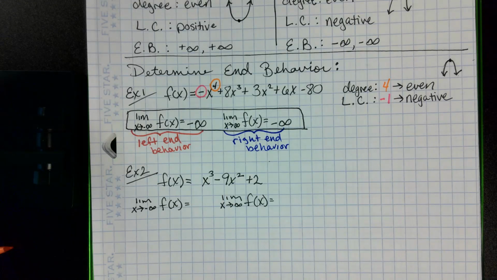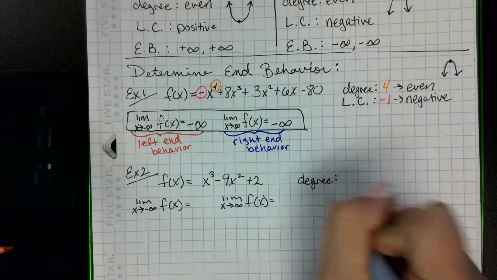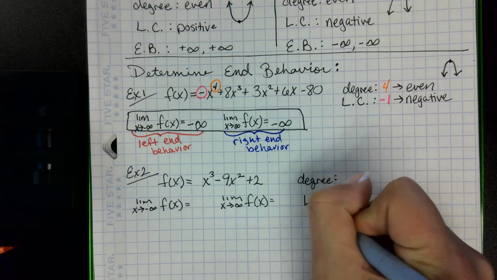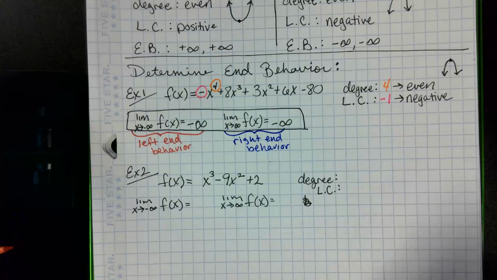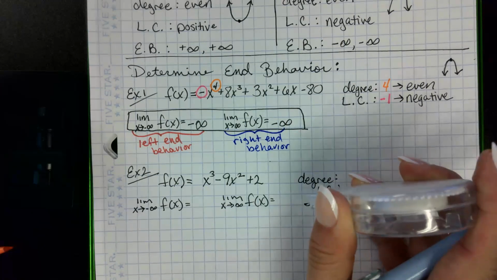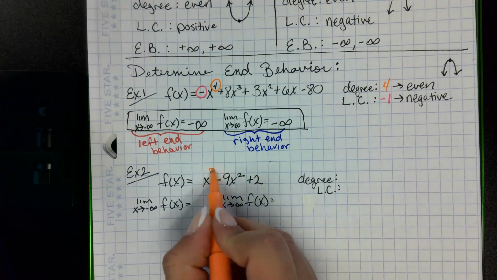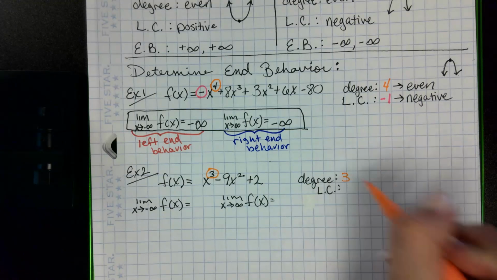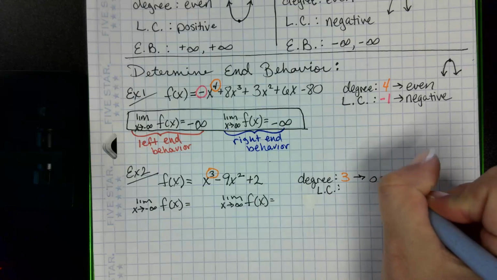So then to figure out where they're going, I'm going to look at the degree and the lead coefficient. The highest degree of this function is a degree 3. 3 is an odd number.